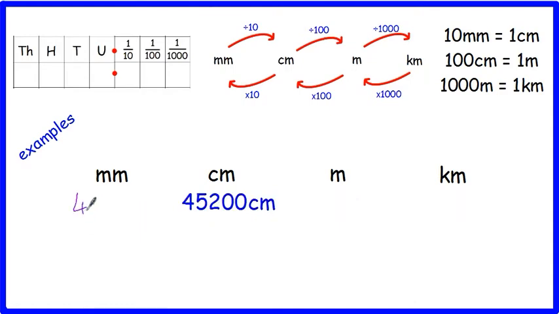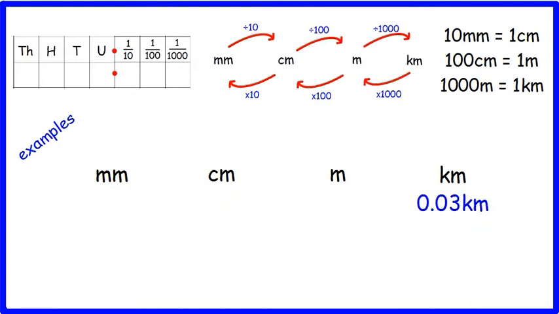That's just 45,200, and add a 0 there. Divided by 100, we take off these 2 zeros. 452 meters. And this would be 0.452 kilometers.